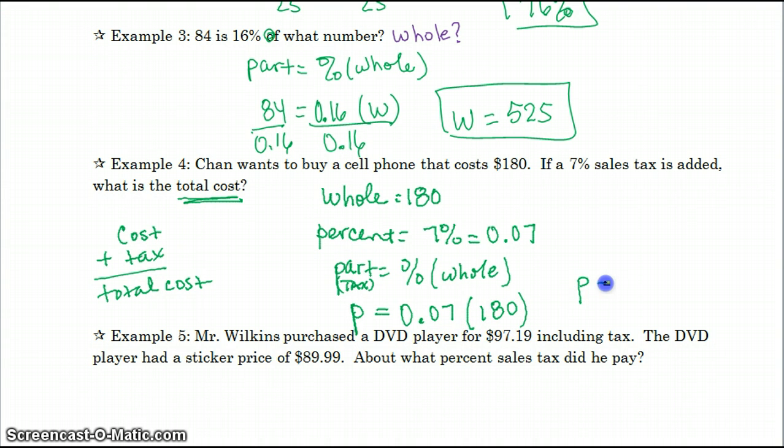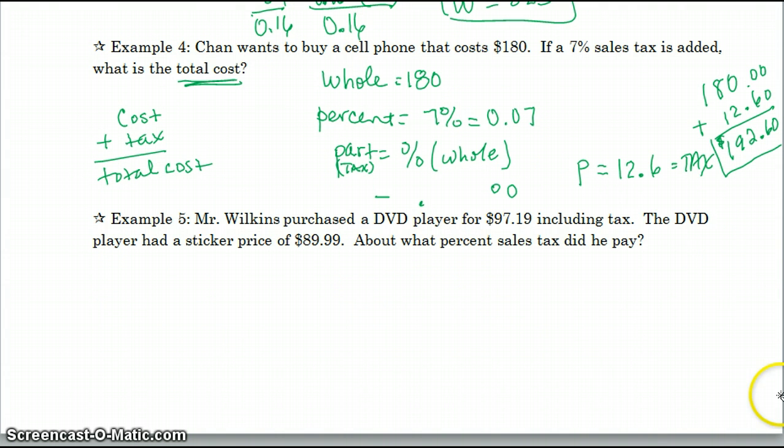When you do that math, P turns out to be 12.6. That was my tax, $12.60. So to get the total cost, I'll say 180 plus 12.60, and that's a total cost of $192.60. So when you're shopping, don't forget you'll have to add tax to whatever you're buying.